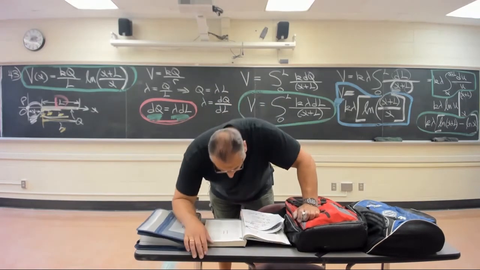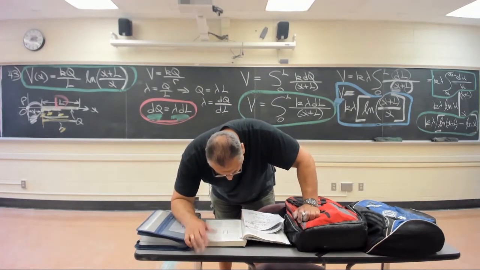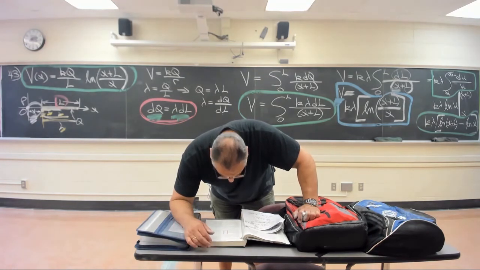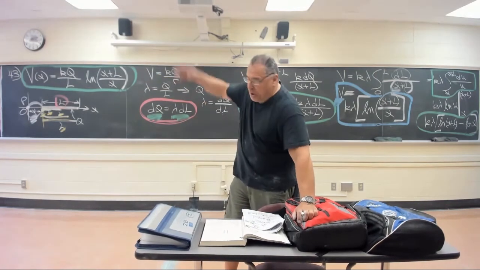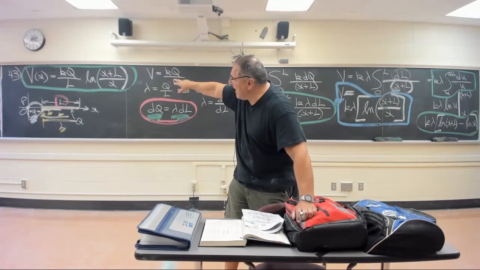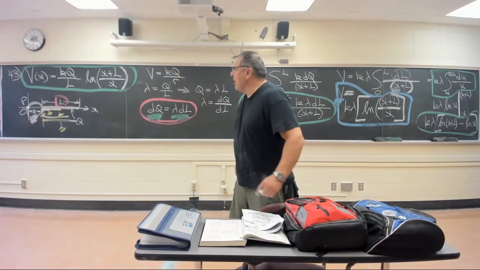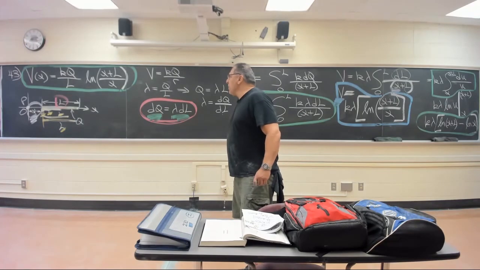For 54, here's problem number 54. According to problem 43, the electric potential at P, a distance x from the end of the rod, is given by, well, we wrote it all over the place. Right there is what we initially wrote, and that's the answer. V of x equals K capital Q over capital L. Those are constants.